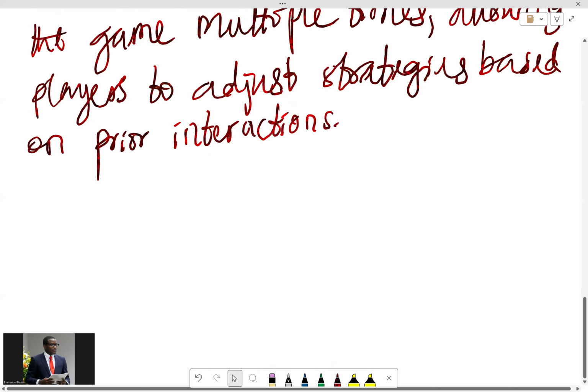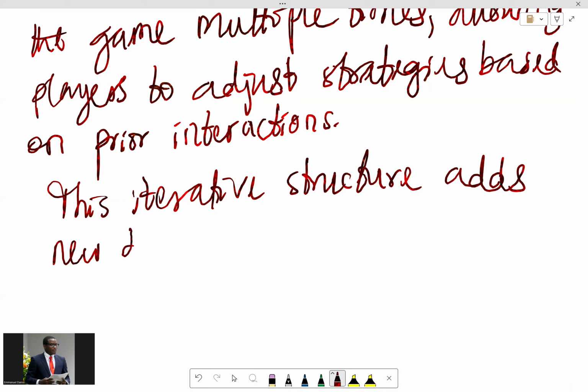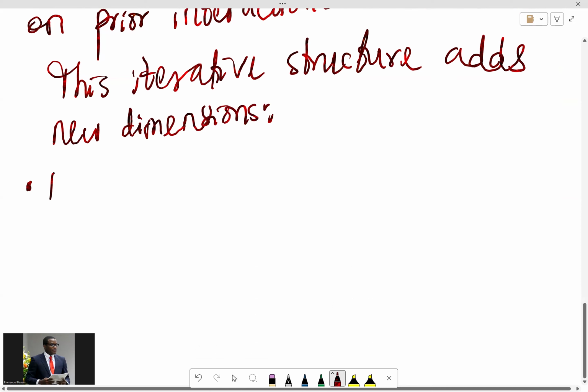This iterative structure adds new dimensions. For instance, because there's now iteration, memory is now involved.